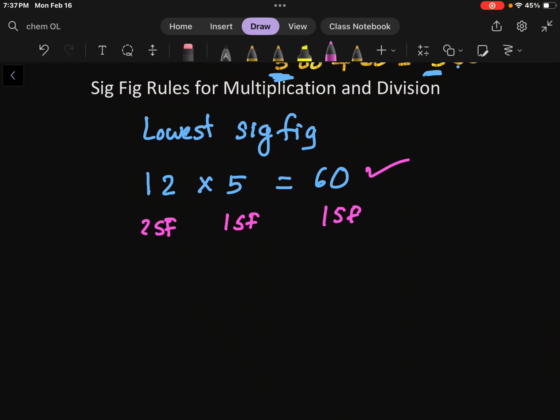Let's do another example. If you are multiplying 200 times 1.2, you will get 240, right? Now look at the rules.